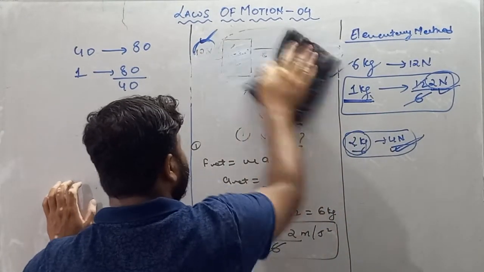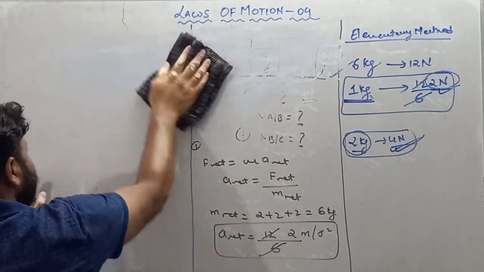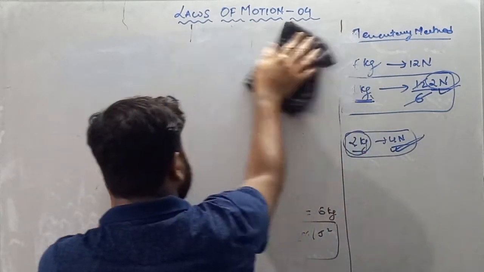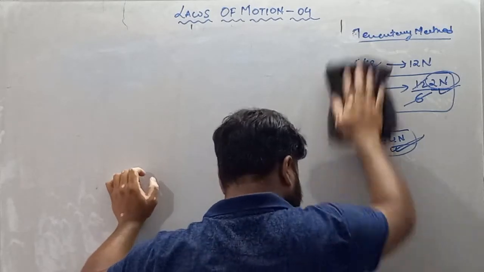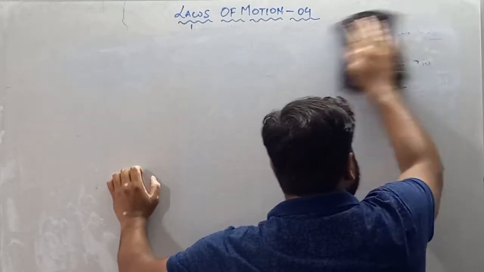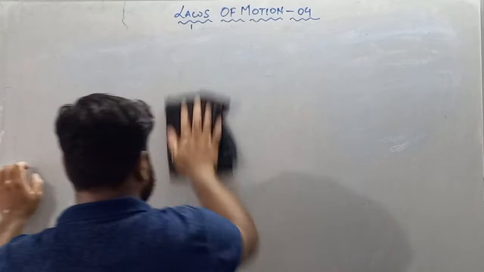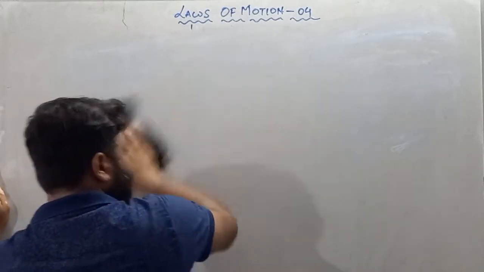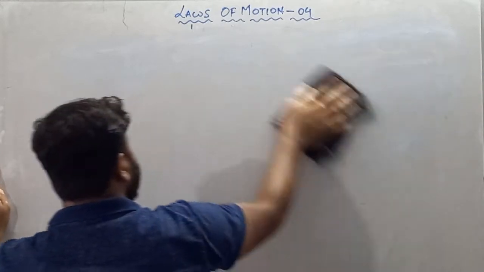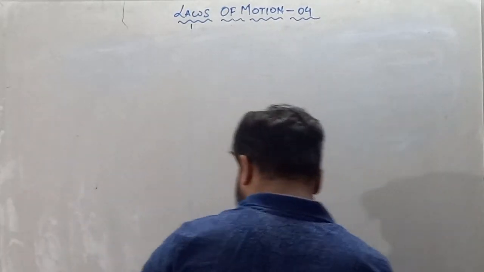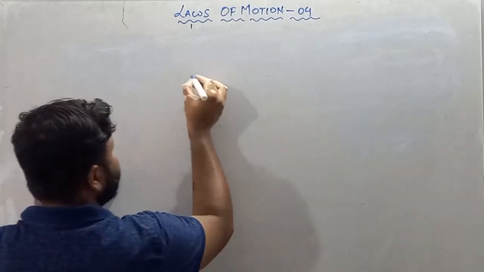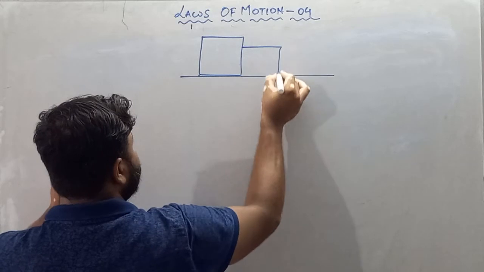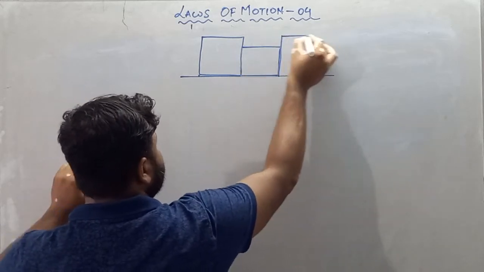Let's practice one more question, my dear student. Let's suppose I have a combination of 3 bodies: first body, second body and third body.